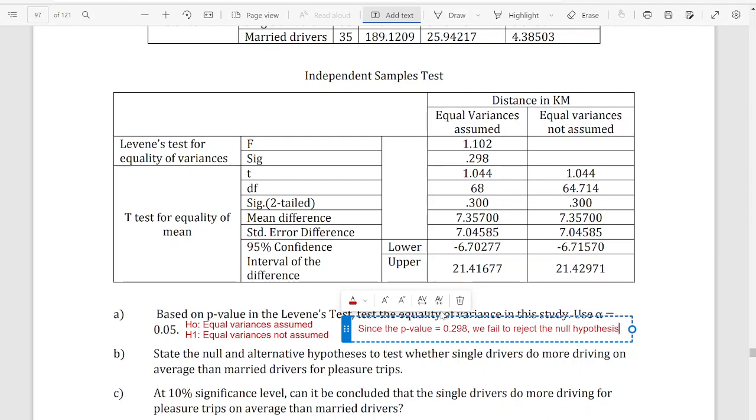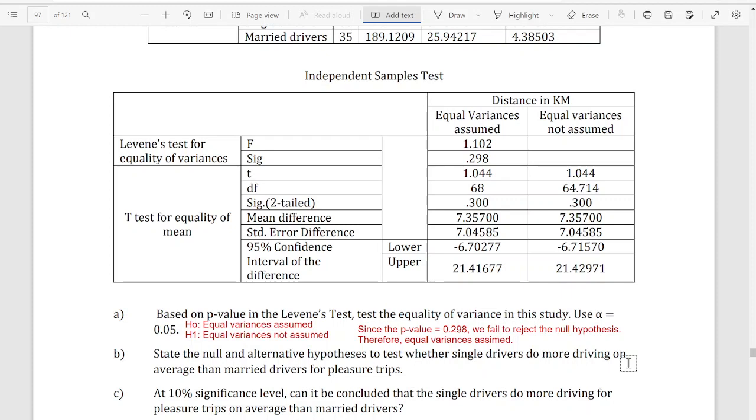Okay, we fail to reject the null hypothesis. So in this case, it means therefore equal variance assumed. Okay, so that is basically based on the Levene's test.